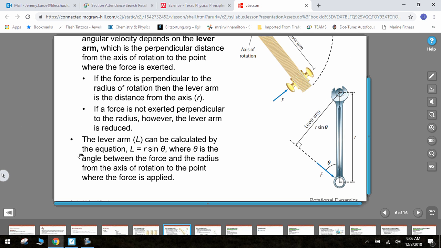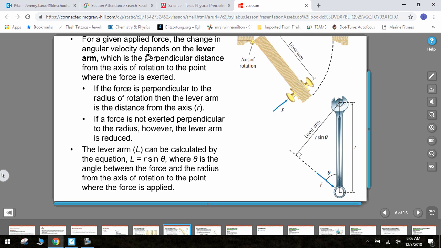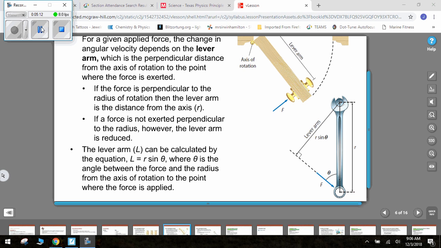Things that you should probably have written down: you need to know what a lever arm is, right? You need to know that the lever arm L equals r sine theta. So L equals r sine theta.